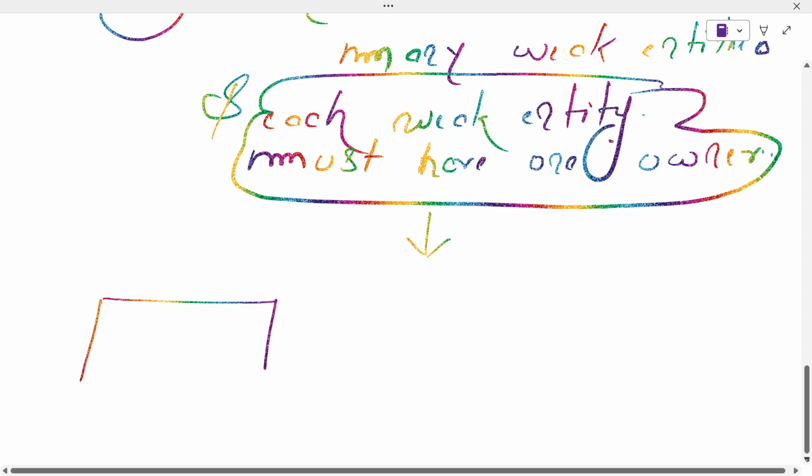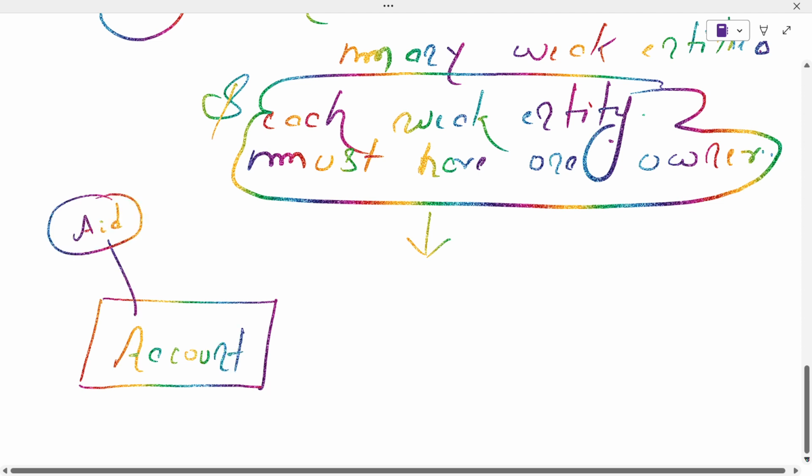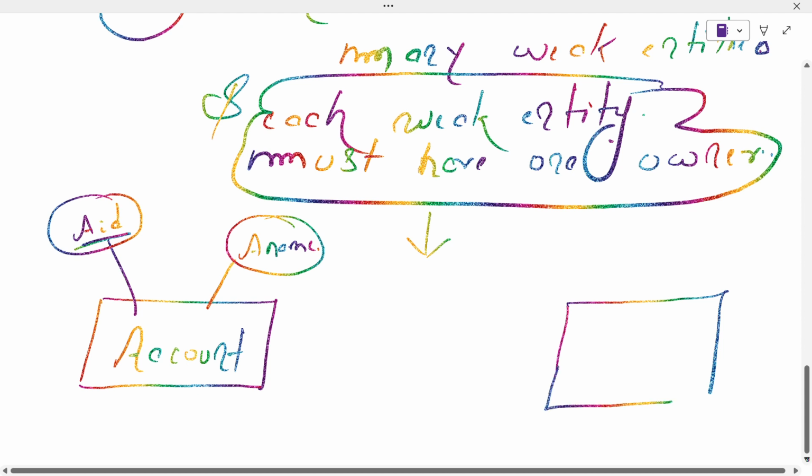Let's say we have an owner set, that is account, which has attributes like an account ID, of course, that is the key attribute, and we have one account name. Okay, so these are the two attributes, and we have transaction. Now, transaction is a weak entity set. Why is it a weak entity set?